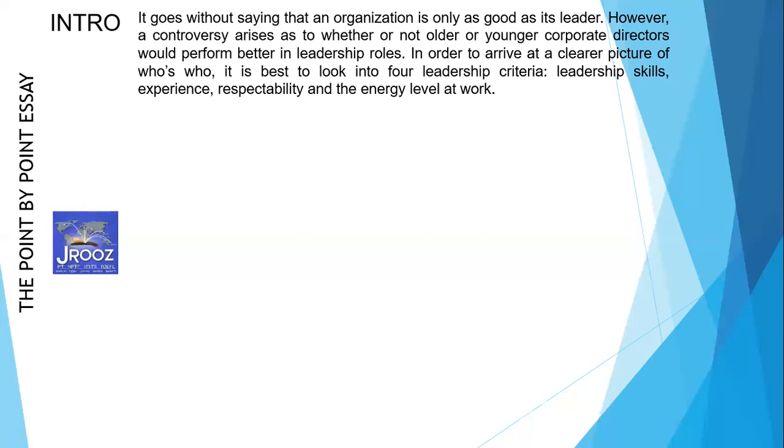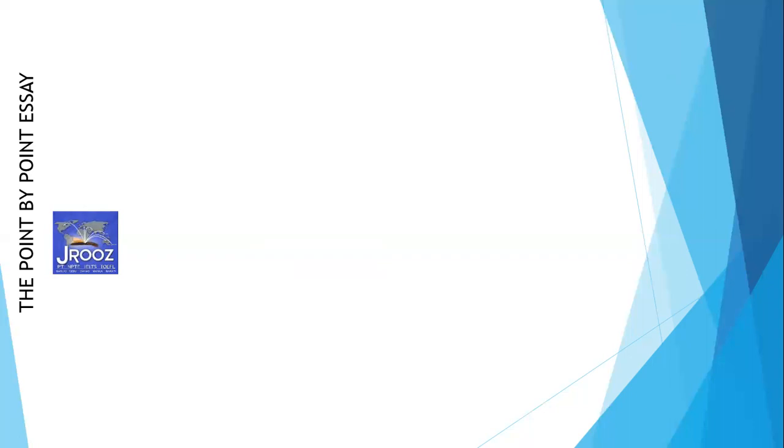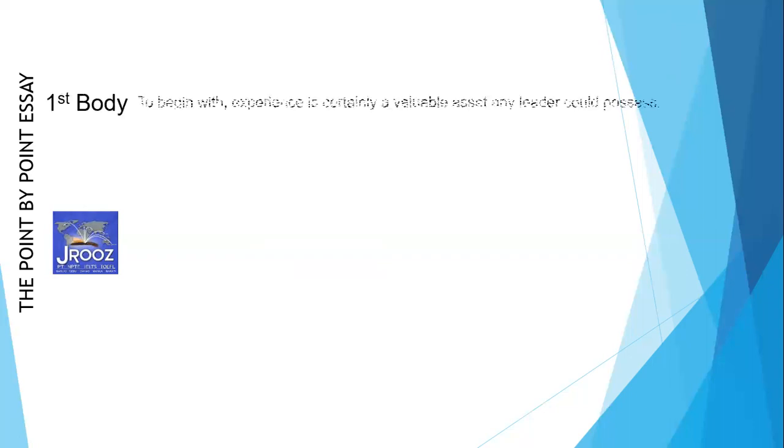That's the paraphrase. In order to arrive at a clearer picture of who's who, it's best to look into 4 leadership criteria: leadership skills, experience, respectability, and the energy level at work. That one is the forecast statement. There is no thesis statement. The thesis statement is withheld to keep the reader in suspense.